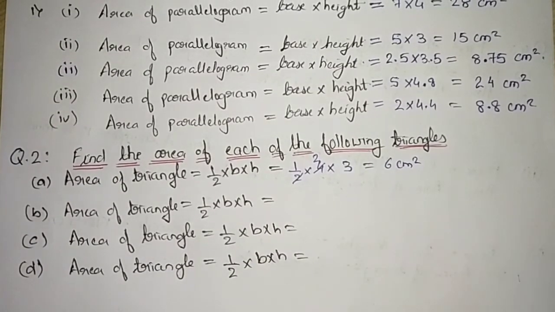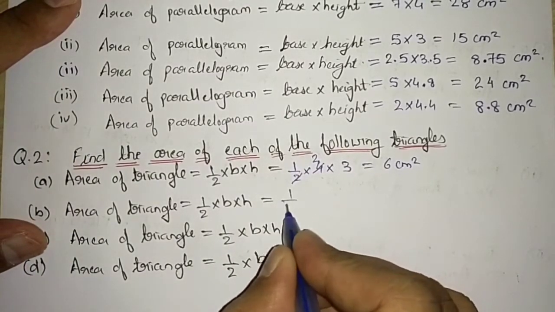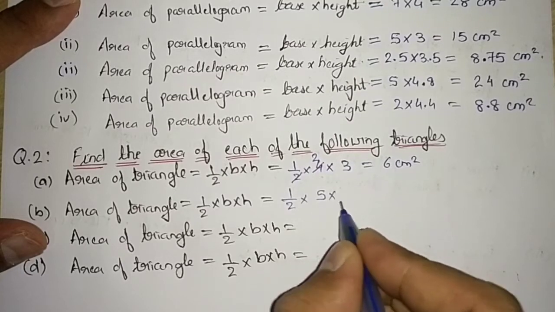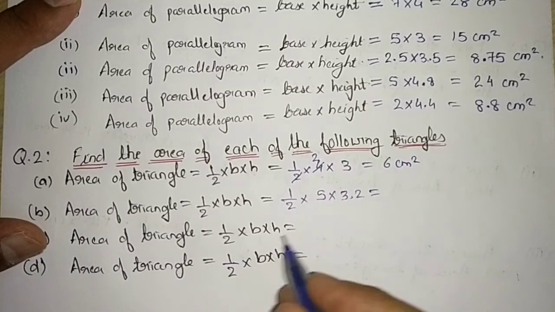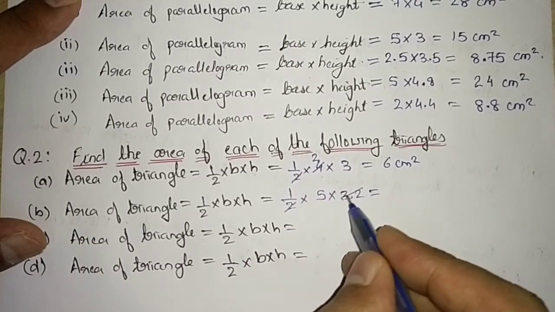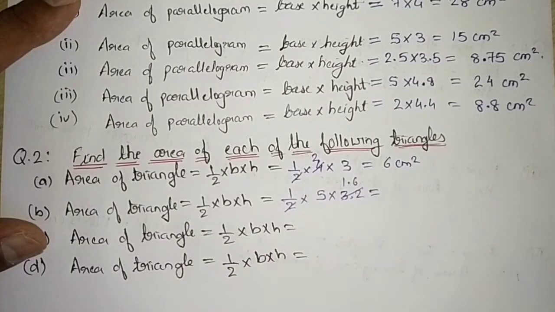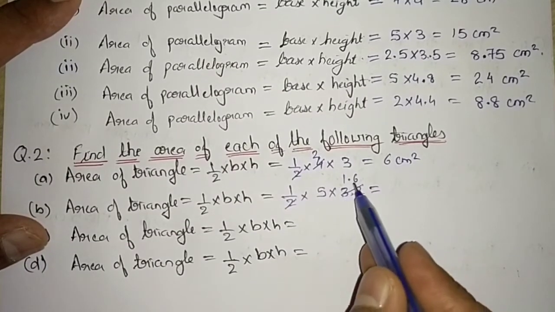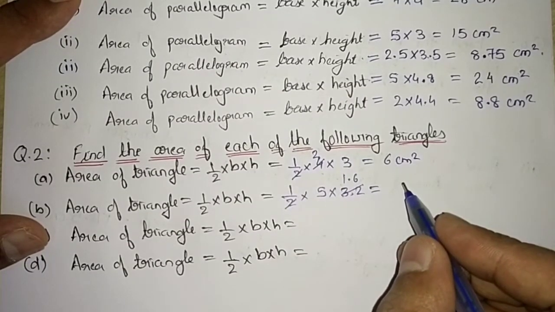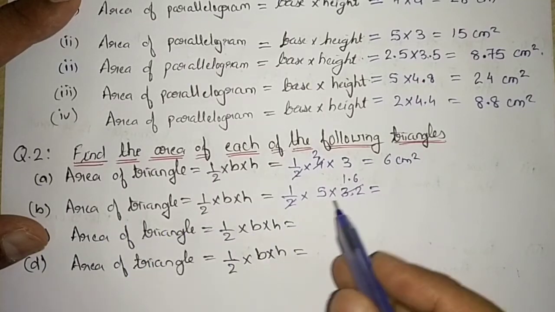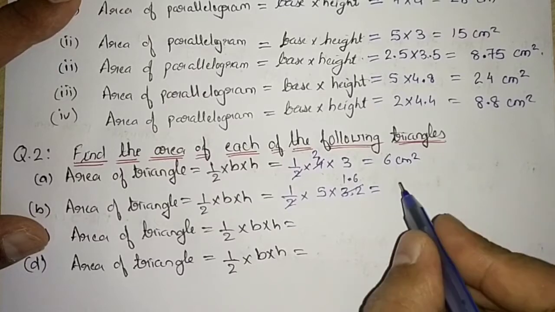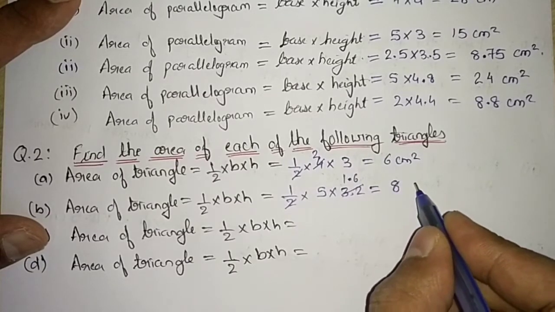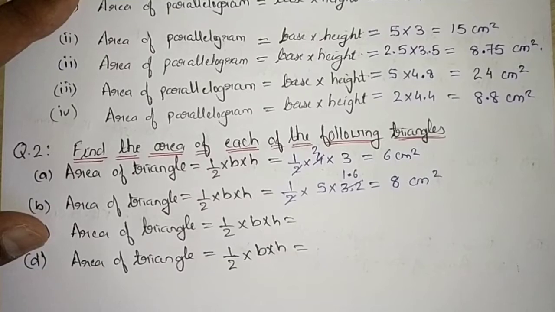Next figure, the base is 5, so I will write half into 5 into 3.2. If I cancel out 2 1s and 2 1.6s, then multiplying 16 into 5, I will get 80, but if I return back 1 decimal point, I will be left with 8 only. So the answer will be 8 centimeter square.